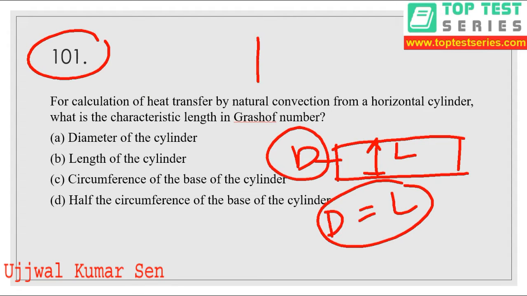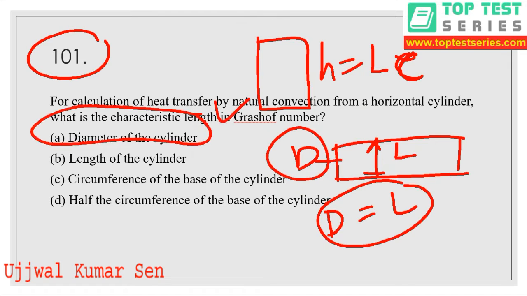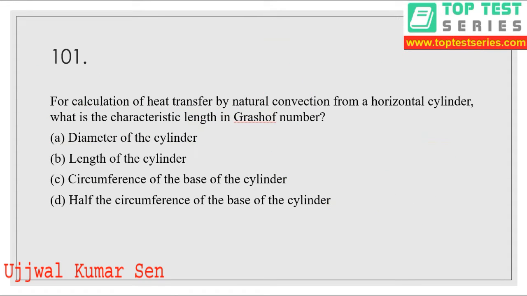But if it is vertical, then the height of the cylinder is equal to the characteristic length, that is LC. Therefore, option A is the correct answer for this question.